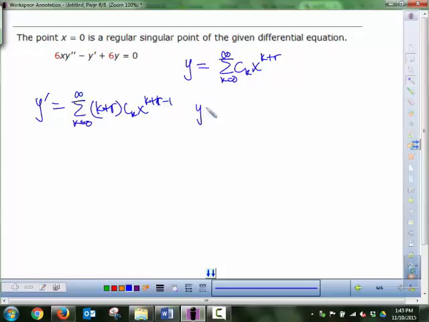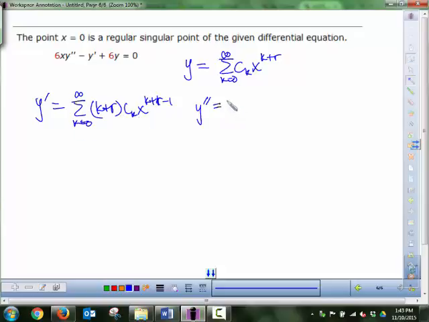If you're good with manipulating symbols, then this method would probably be okay with you. The way I did it, we found the indicial roots first, and then we dealt with numbers instead of symbols. By symbols I mean k plus r minus 1 kind of business.